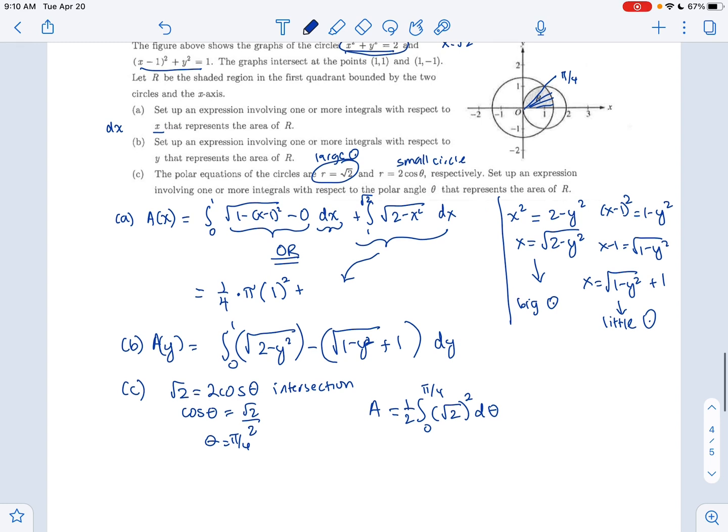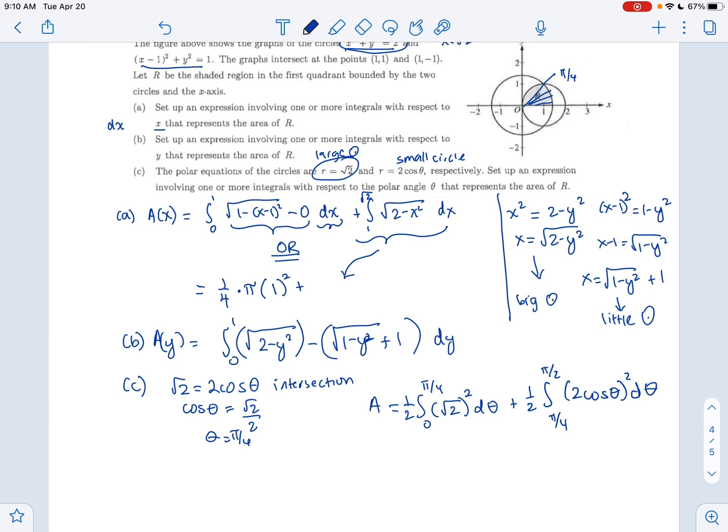And then we're going to add 1/2, and then we're going to pick up from pi over 4 and go on to pi over 2. Pi over 2 is where this circle will eventually wrap back around to the origin, and integrate the equation of the radius squared.